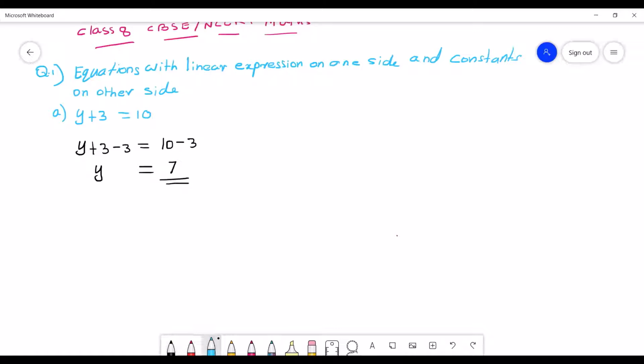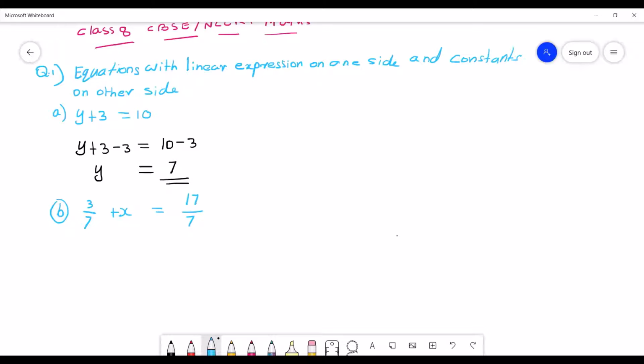And the next question is 3 upon 7 plus x is equal to 17 upon 7. Here also, along with the variable term x, we are having 3 by 7.